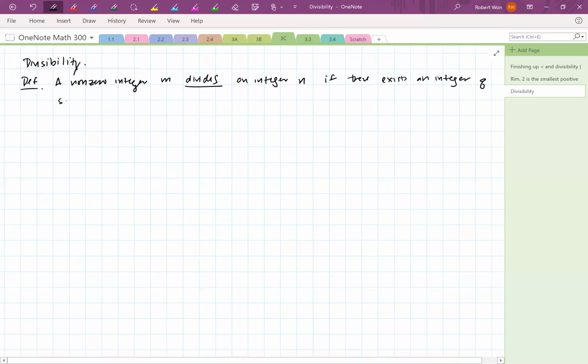Let me make the definition here. So a non-zero integer m divides an integer n if there exists an integer q such that n is equal to m times q.